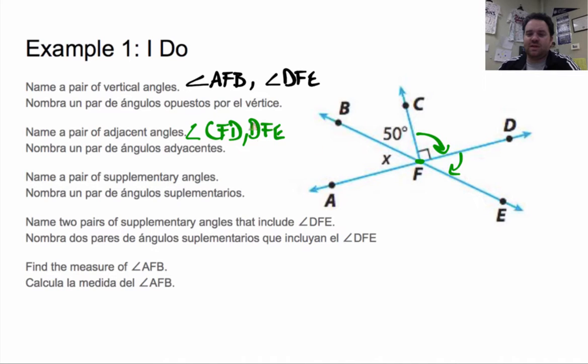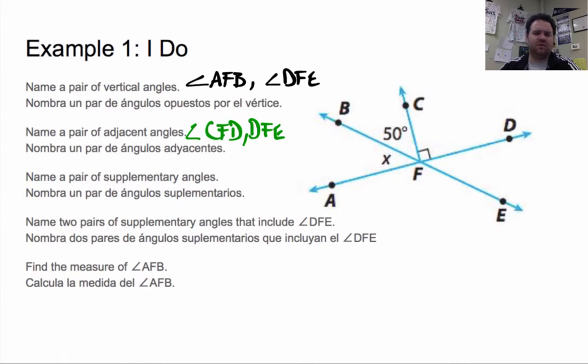Notice that the point in the middle is always the vertex. So CFD goes from C to F to D. That middle point, the one with the vertex, always has to be in the middle of the name. DFE. Okay? So make sure you have that pair written down for adjacent angles.